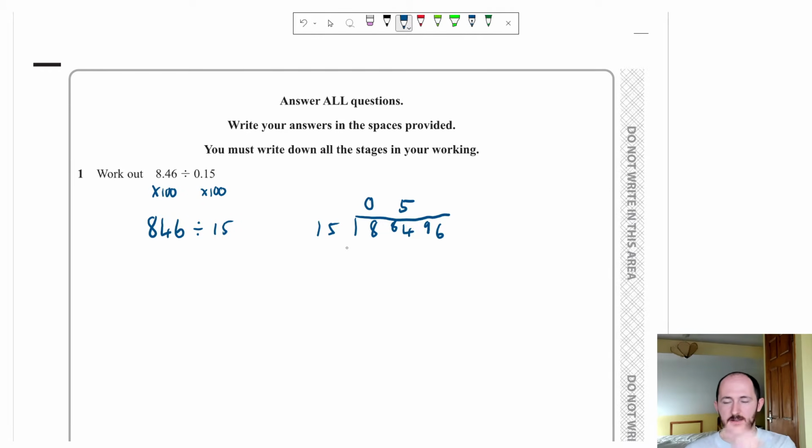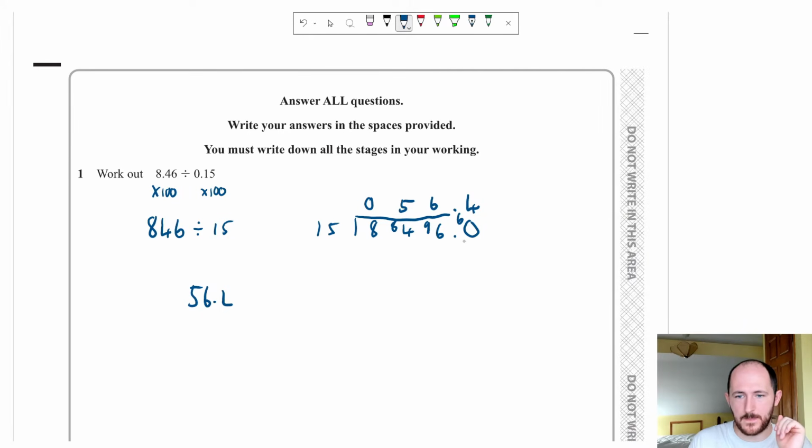So 96, which goes in 6 times with a remainder of 6. Because we have no more numbers, we need to add a decimal point. So I'm going to put a 6 there, and then 15 into 60 is 4. So we get the answer of 56.4.